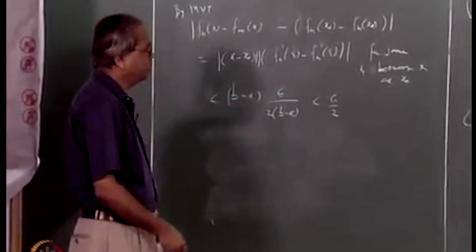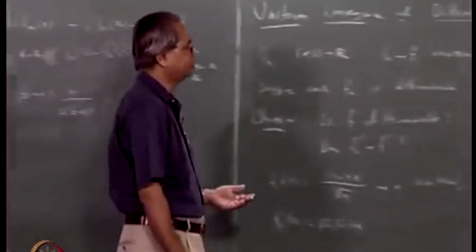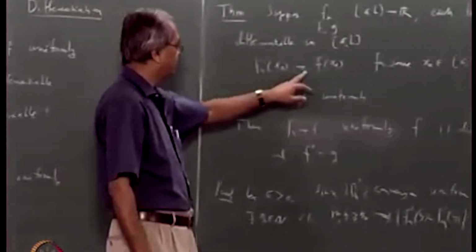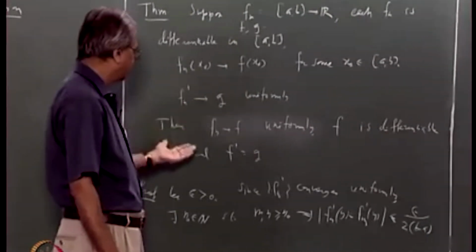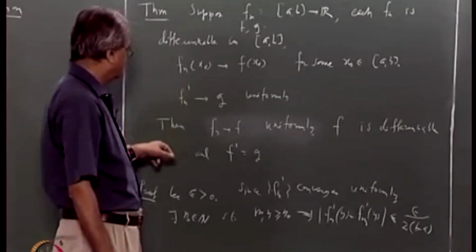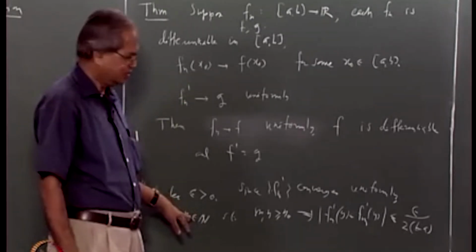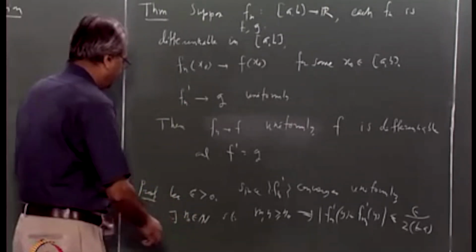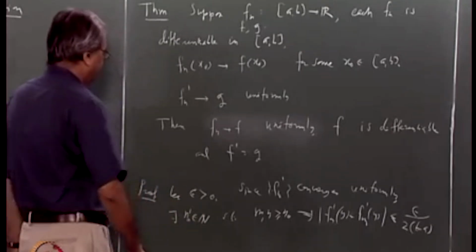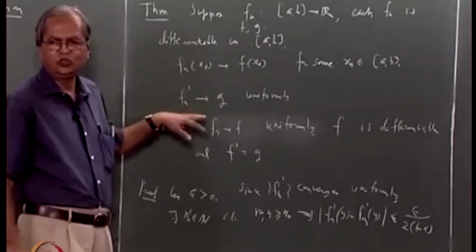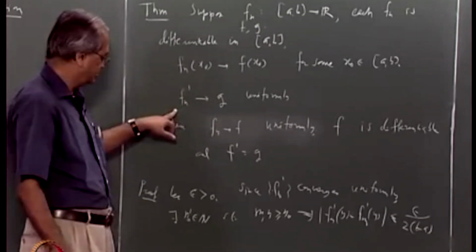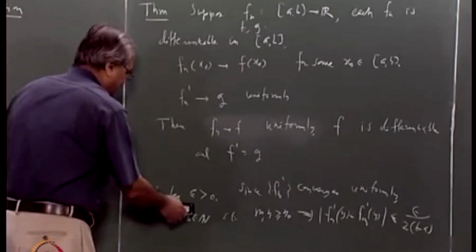What next? Next we can say that since fn x naught converges to f x naught, I can again do the same thing. I can find some n0 prime, such that, I think these primes are unnecessarily complicating.